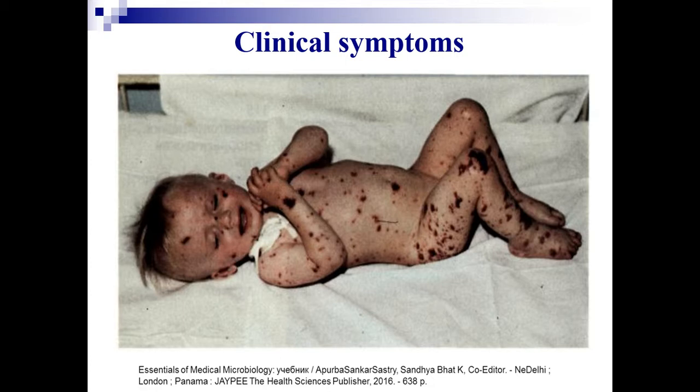Waterhouse-Friderichsen syndrome is a severe form of fulminant meningococcemia characterized by large purpuric rashes, purpura fulminans, shock, disseminated intravascular coagulation, bilateral adrenal hemorrhage and multi-organ failure.